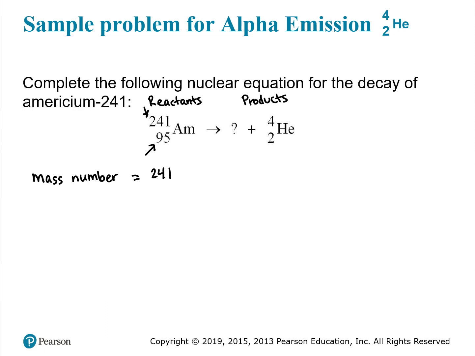Since we know that our new element will have a mass number that is decreased by 4, we can take that 241 and subtract 4. This accounts for the mass number of the emitted alpha particle.